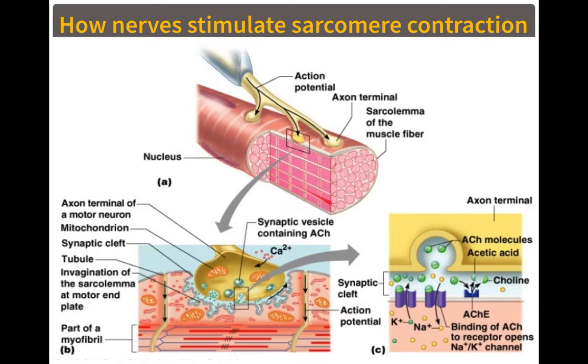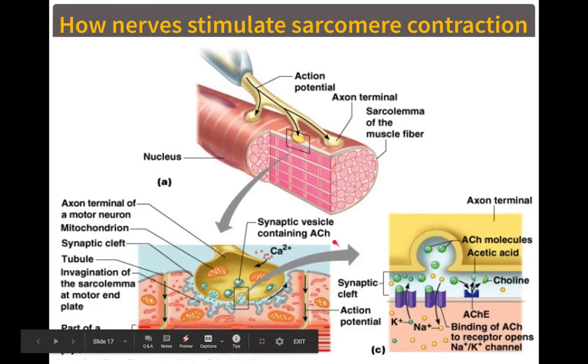And so this muscle fiber, if we zoom in right here at the connection between the neuron and the muscle fiber, that's called the neuromuscular junction. It's the junction between a neuron and a muscle. And so here we can see that there's a gap between the end of the nerve and the beginning of the muscle fiber. And so if we zoom in on that gap right there, this is what we see.